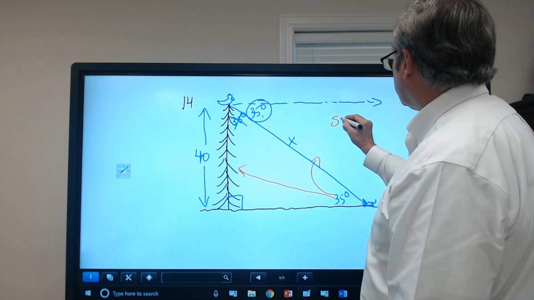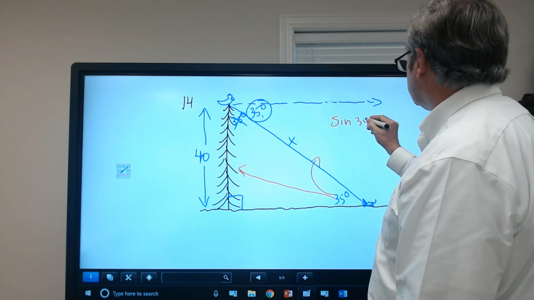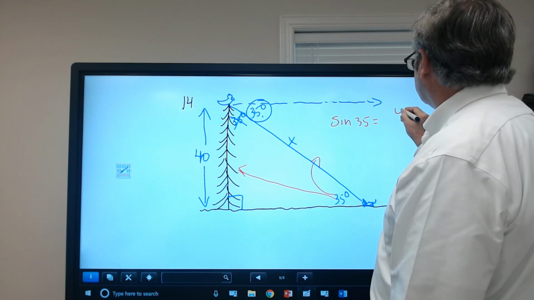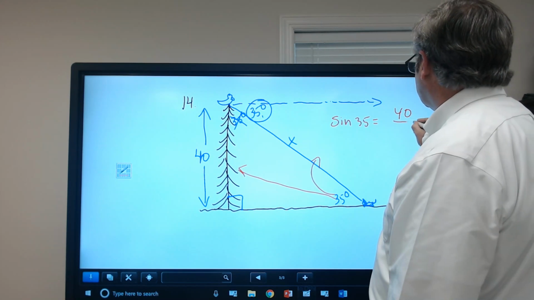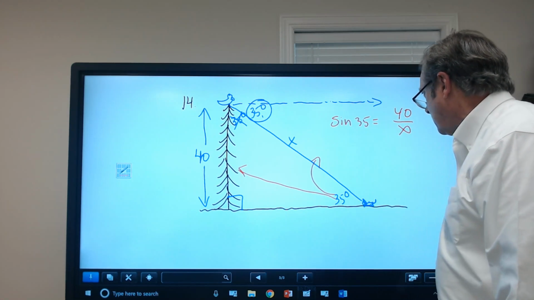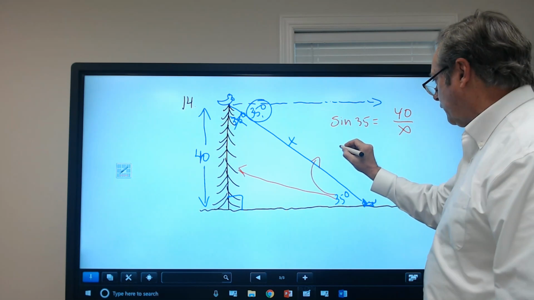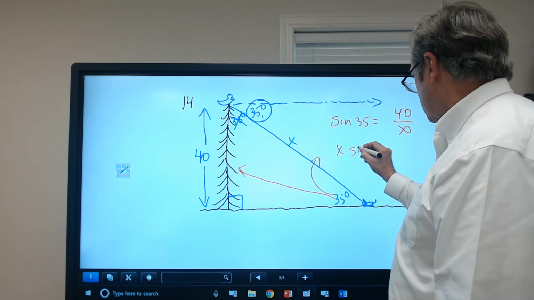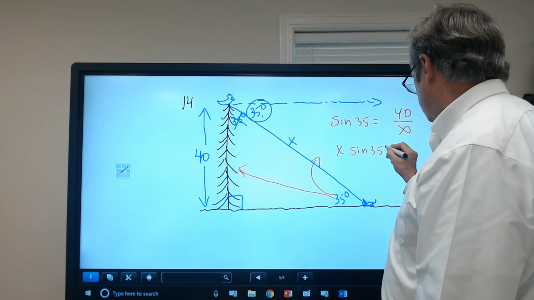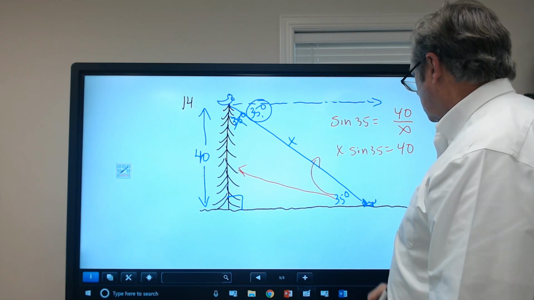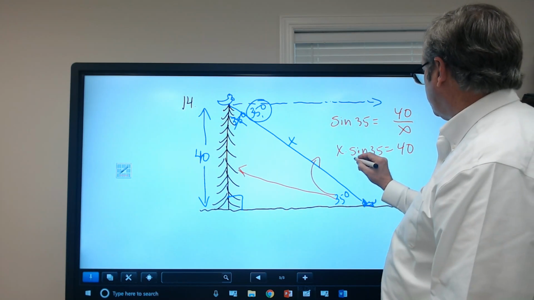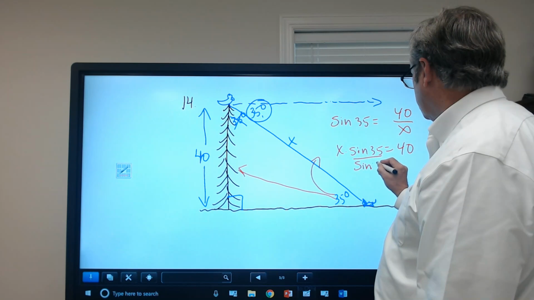All right, so we're going to say that the sine of 35 degrees is equal to opposite over hypotenuse. Now in this case, we've got to multiply both sides by x. Then we divide both sides by the sine of 35 to clear that out.